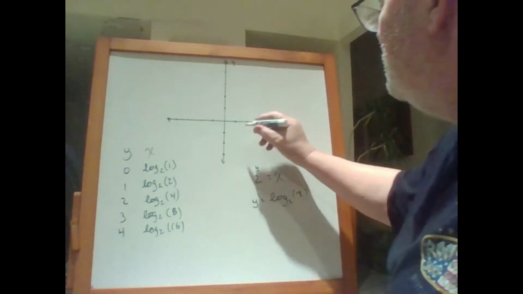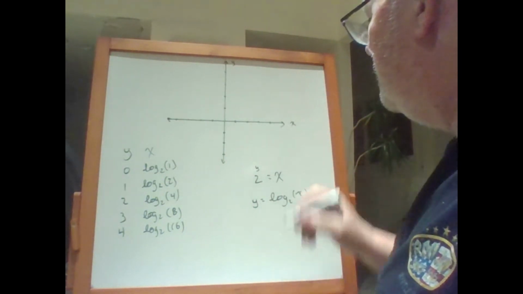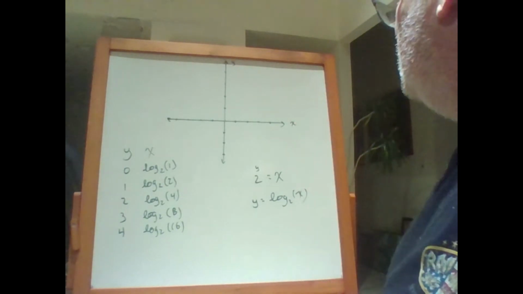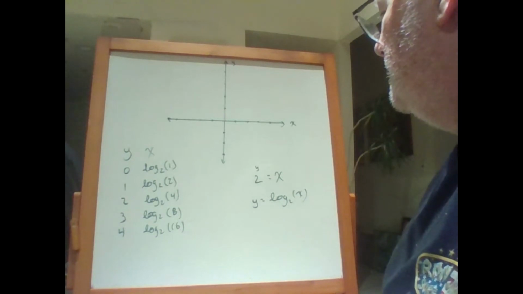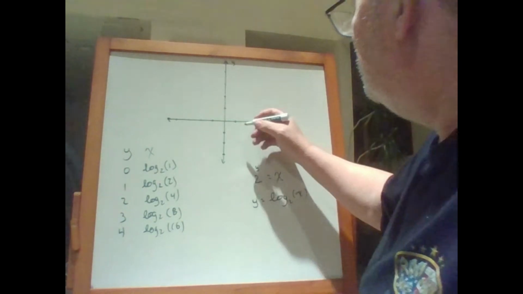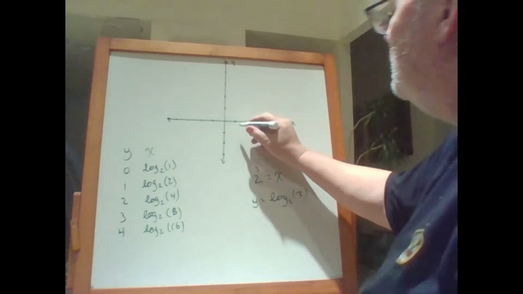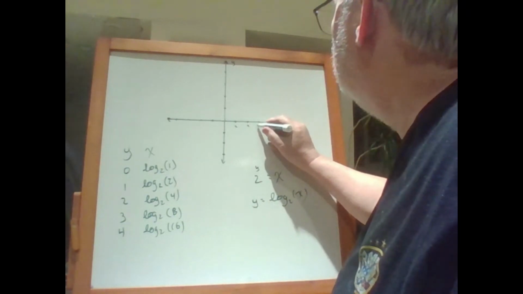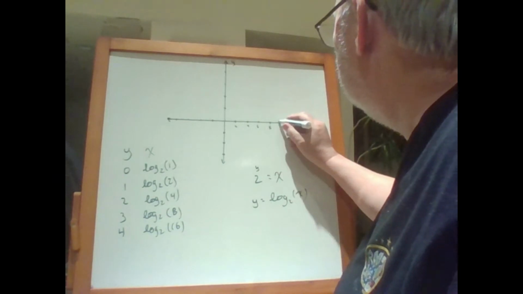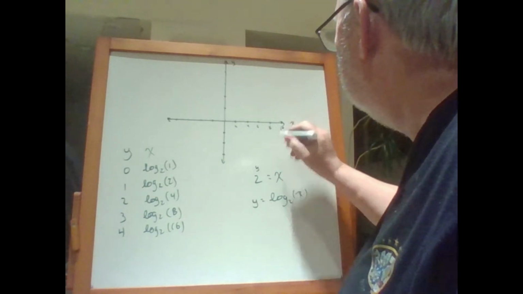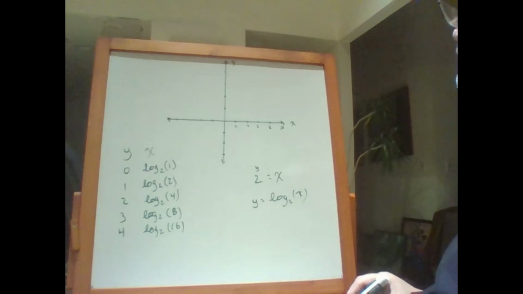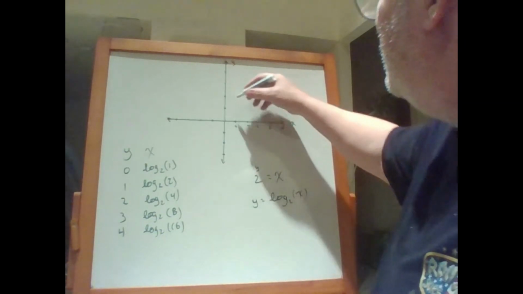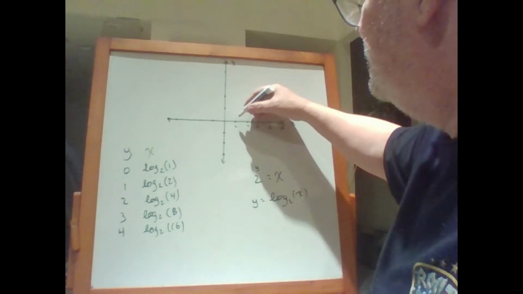Well, let's say these are graduated in 2. So this is 2, 4, 6, 8, 10, and so on. Okay, so y is 0.